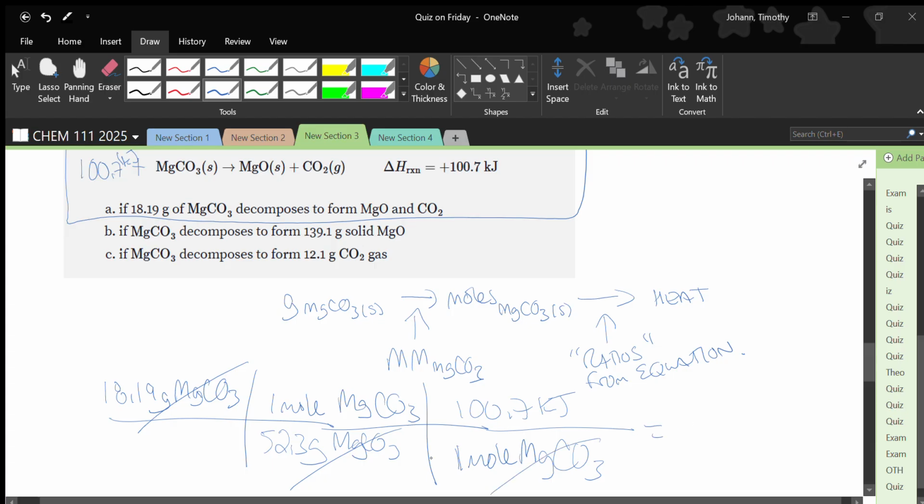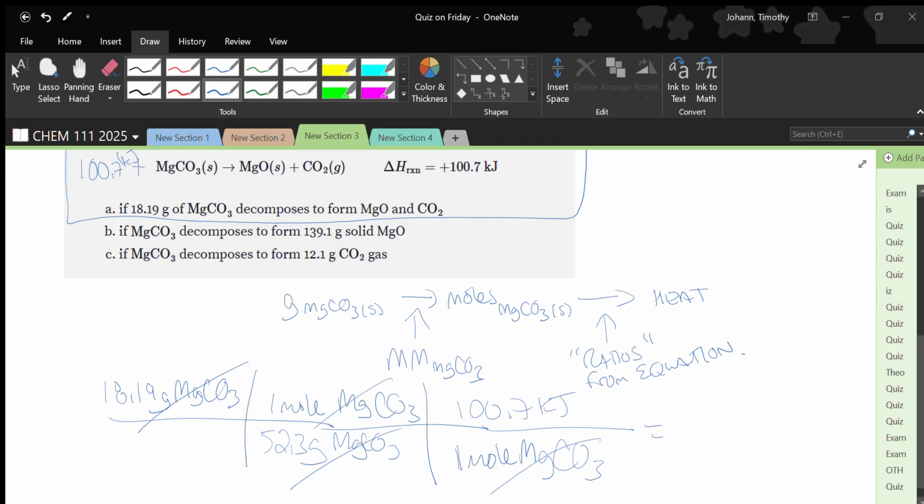So moles cancels with moles, and now we multiply across the top and divide by the bottom. In my calculator, I'm putting 18.19 times 100.7 divided by 52.3, and I've got 35.